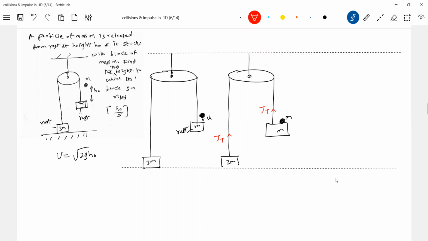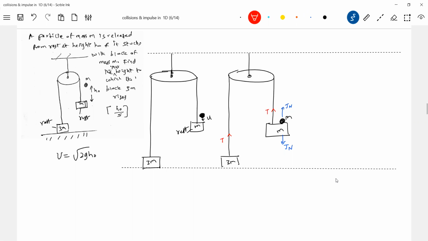Here what actually happens, how will the JT be set up? Here a normal impulse JN will act, don't leave the basics. This JN will make the block m move suddenly. The string will be jerked, a sudden increase in tension, and an impulse is set up. That impulse you have to show like this. I think all of you know how to show tension.